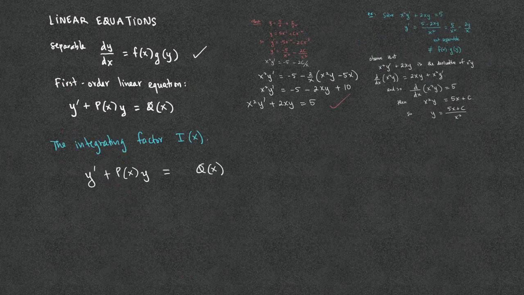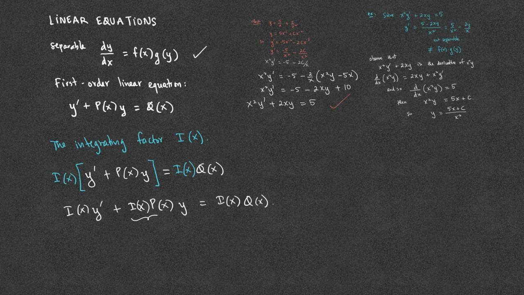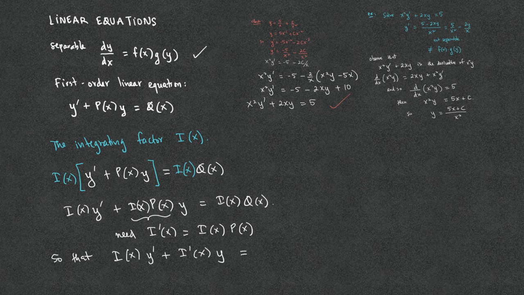We first start with the linear equation. We then multiply both sides of the equation by the integrating factor I(x) to get I(x)y prime plus I(x)p(x)y equals I(x)q(x). And we need the product I(x)p(x) to be I prime of x, so that the left-hand side is the derivative of something, and that something is I(x) times y.